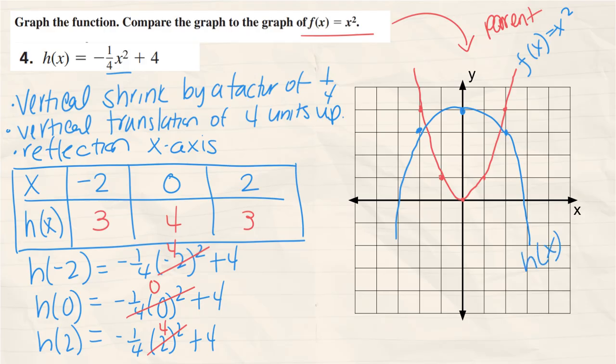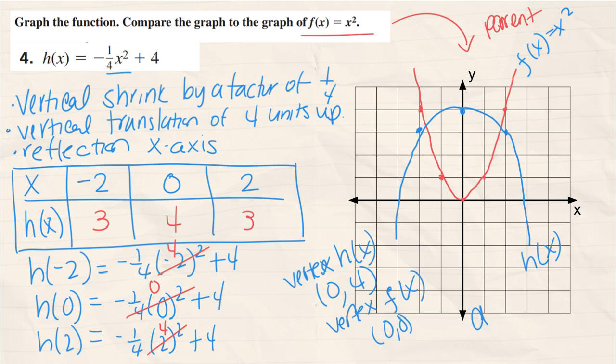What else can we determine? That our vertex here for h of x is 0, 4. But my vertex for f of x is 0, 0, right? And they both have an axis of symmetry of x equals 0.